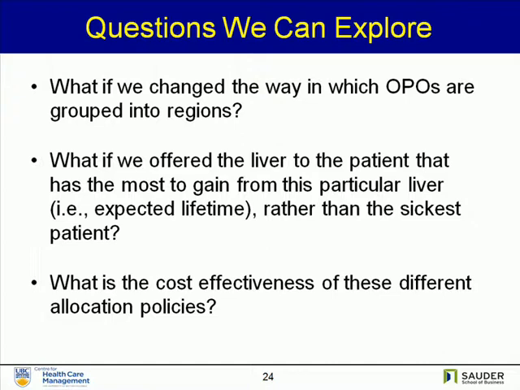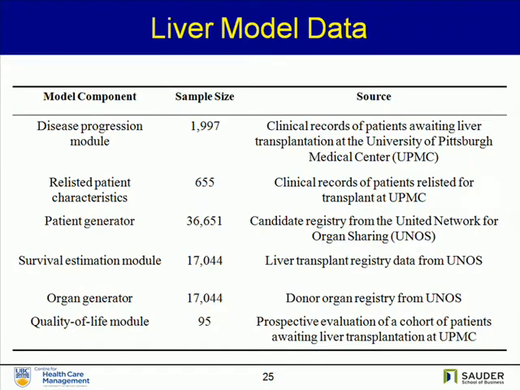We didn't look at costs in our model, but we could look at cost effectiveness of these different allocation policies, which is of interest to policymakers. Just to give you a sense of the data that went into this model, for these natural history disease progression models, we needed detailed longitudinal data of patients prior to transplant.